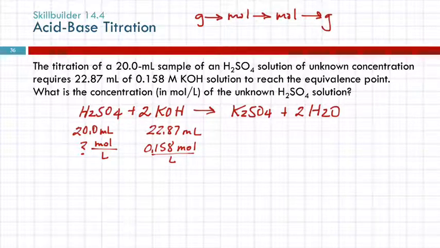What do I need to do? Well, here we're not given mass to start with, we're given volume. And we're not finding mass at the end. So I'm going to take the moles and divide by volume to get molarity at the end.